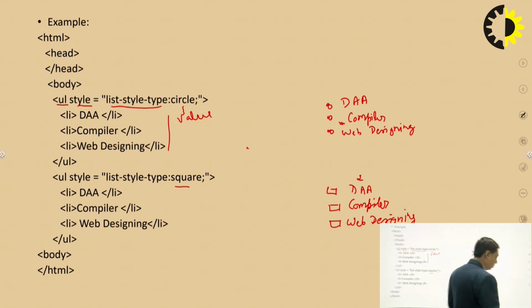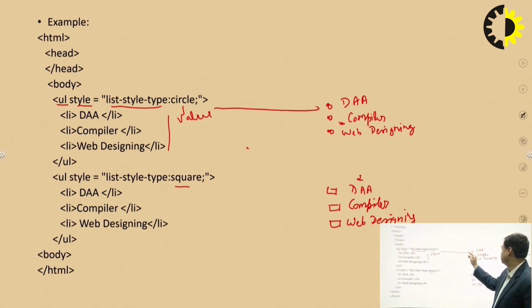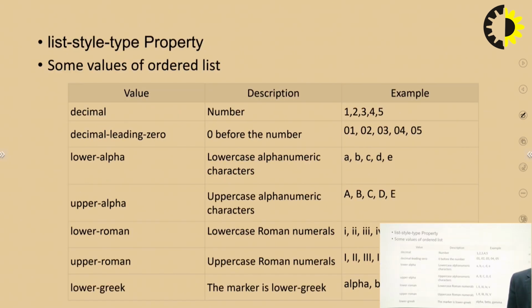So you can see that with the help of this list property, we can change the marker symbol, and with the help of this square value we are changing this marker symbol. So with the help of list-style-type we can define a different marker for your listing. Now there are basically two types of list. One is UL. UL is for the unordered list.